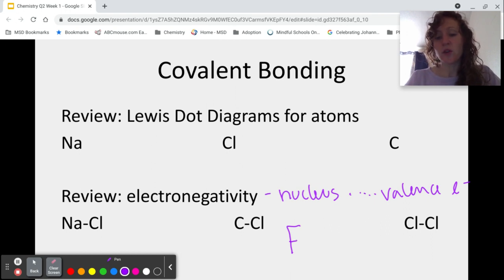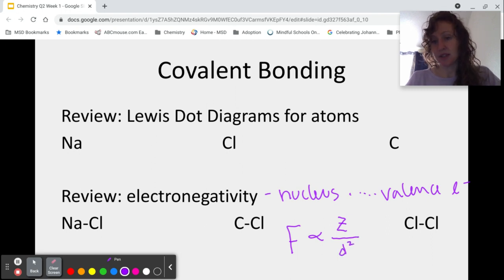And we saw that force of attraction was proportional to the nuclear charge. So as nuclear charge went up, force of attraction went up. And it's inversely proportional to distance, actually distance squared.